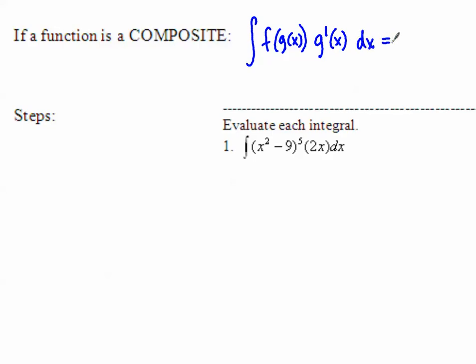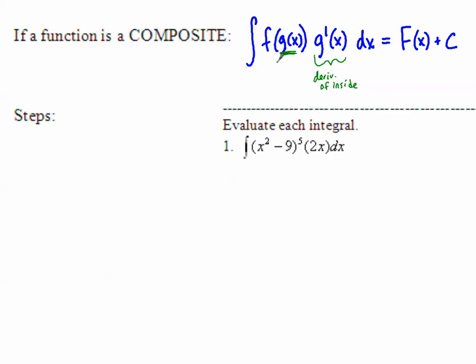Then we can take the antiderivative, capital F, and of course, don't forget the constant. So remember that if we have a composite function, the derivative of the inside needs to be there.